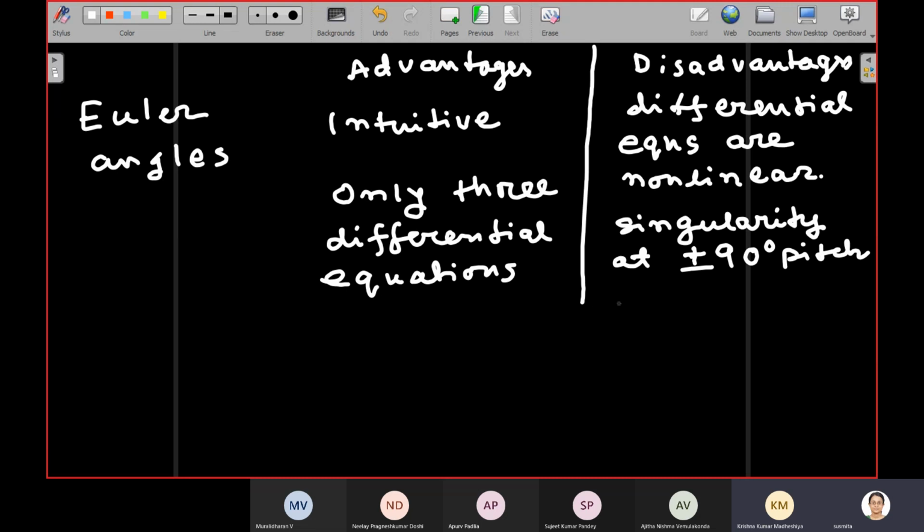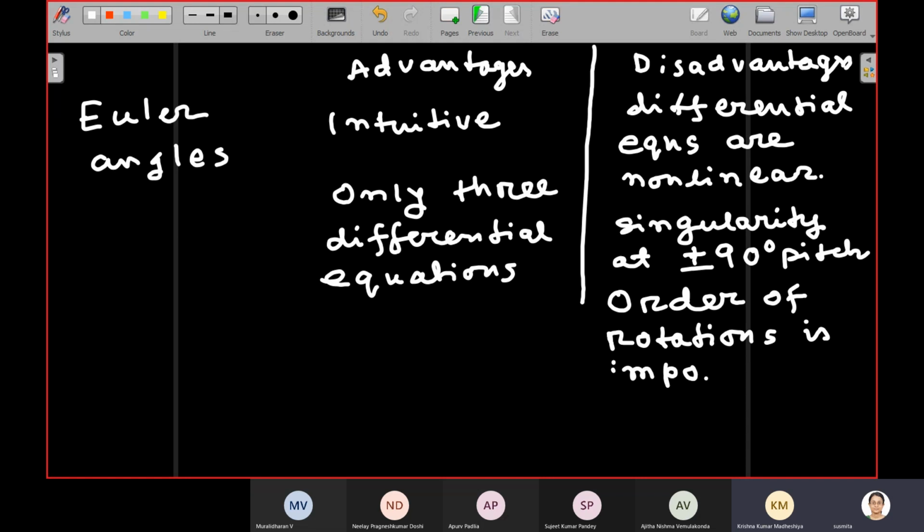Then the order of the rotations is important. Okay, not suitable for mathematical operations. So either we need to find quaternions or coordinate transformation matrix for Euler angles to do the mathematical operations.